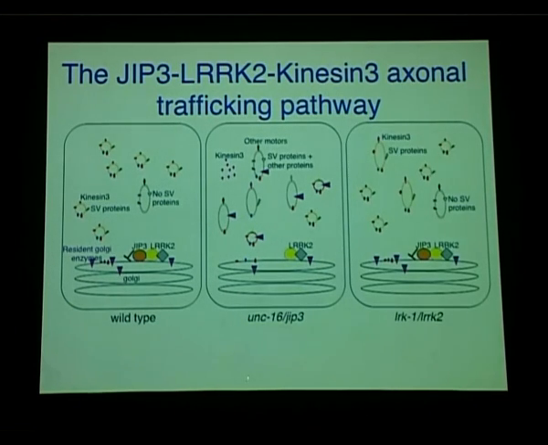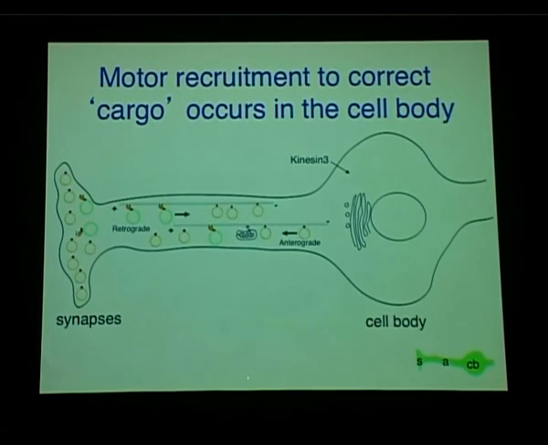When you remove LARC2, the phenotype is not as extreme. You do have some errors, but it's not as extreme. So what? This is an advanced test on the problem of axonal transport. In fact, this was through a long series of conversations that Vikas and I had.